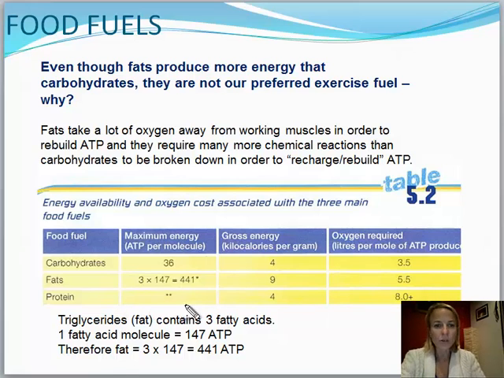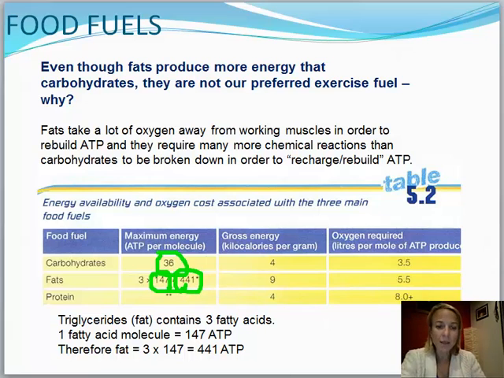You need to know that carbohydrates give you 36 ATP per molecule of carbohydrate, whereas fats, each fatty acid gives you 147, and because triglycerides contain 3 fatty acids, you have 3 lots of 147, so you get a whopping 441 for your fats.